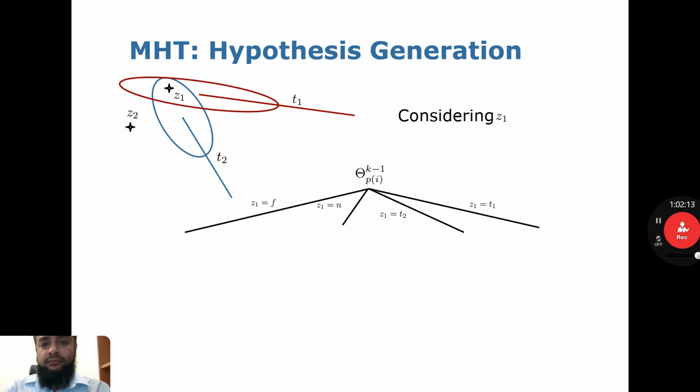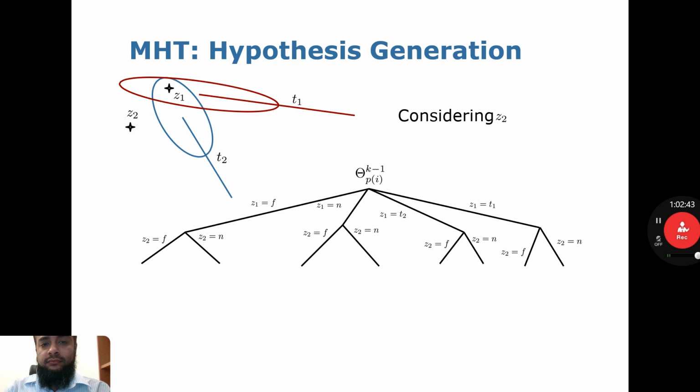Okay, so considering Z2, in another hypothesis Z2 is a false measurement, and Z2 could be a newly initialized track, and all have the same because Z2 is outside the validation gate. It means the Mahalanobis distance of Z2 to track 2 and track 1 is very far, so it's not selected in the validation gate.